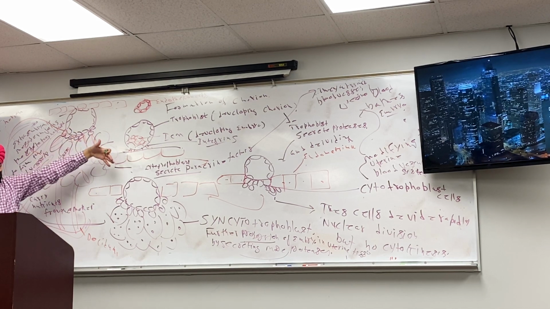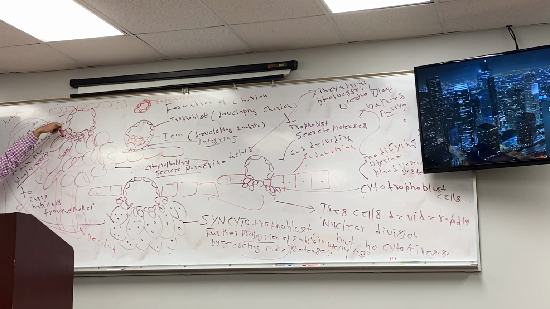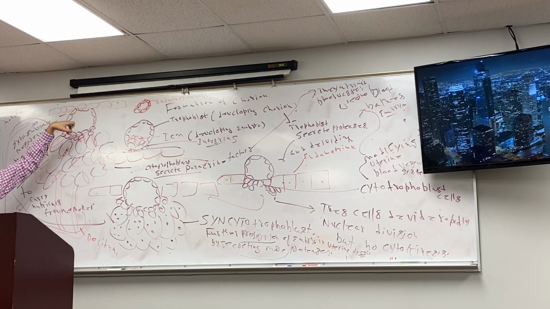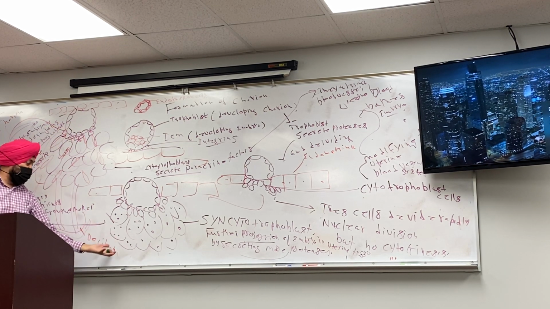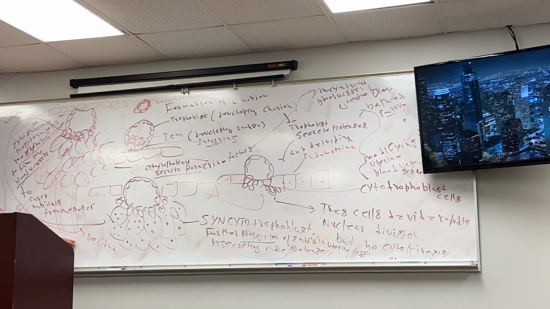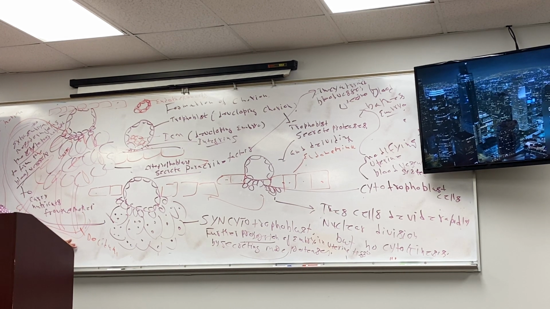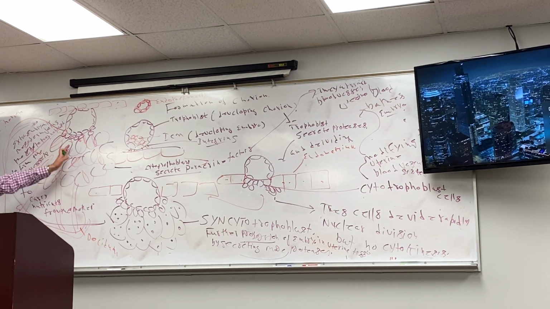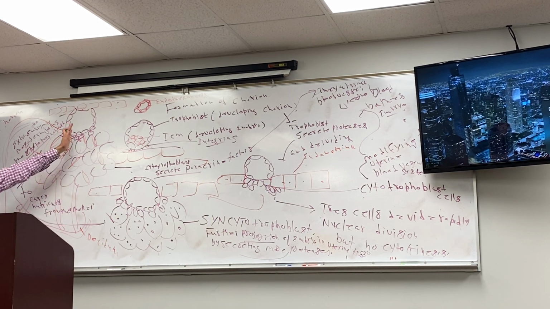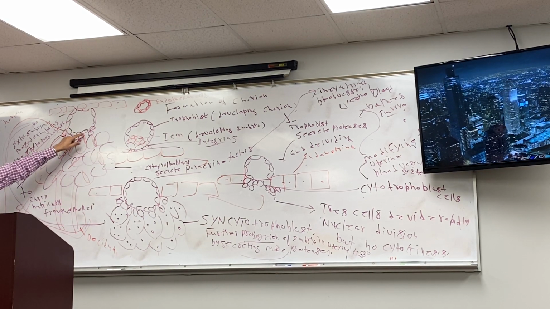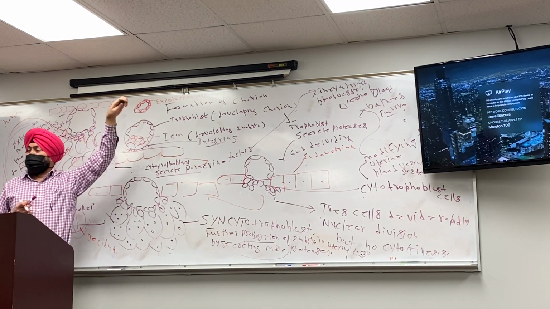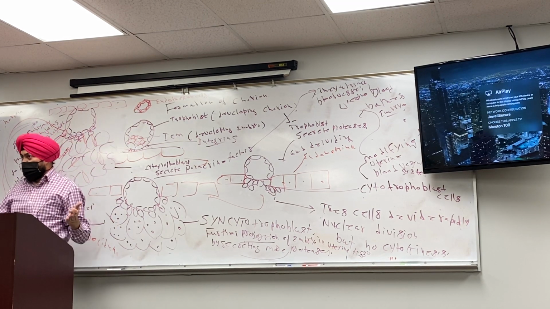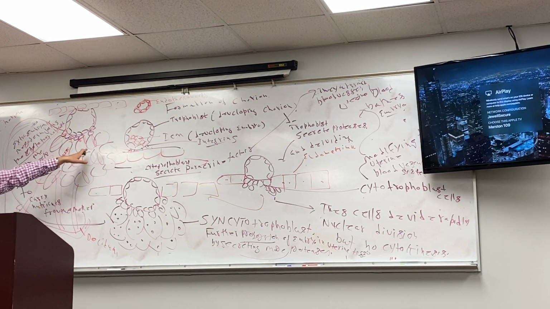When this has happened, these cells start secreting paracrine factors. And those paracrine factors attract the blood vessels from the uterine tissue. And when those blood vessels are moving from here to here, the endothelial cells which were lining the blood vessel here are totally replaced by the cytotrophoblast.